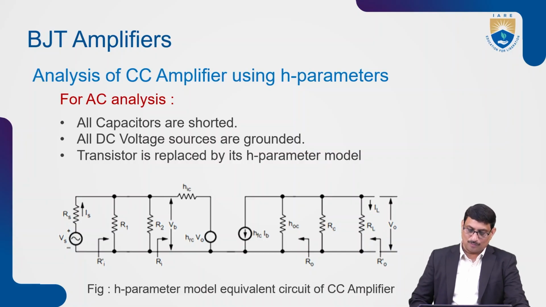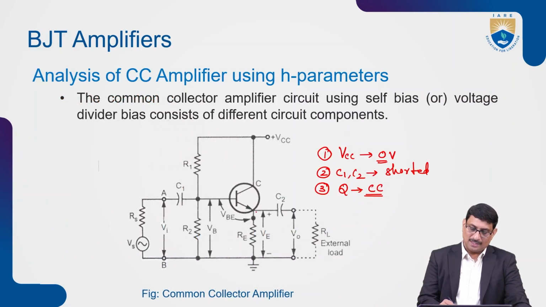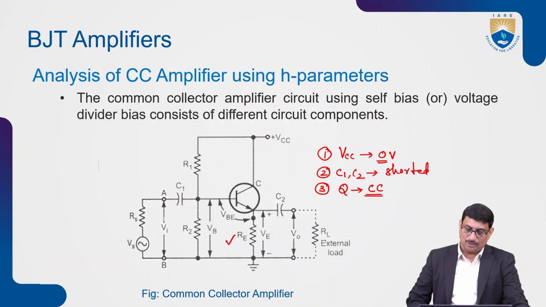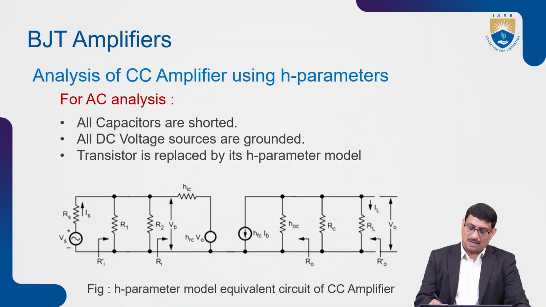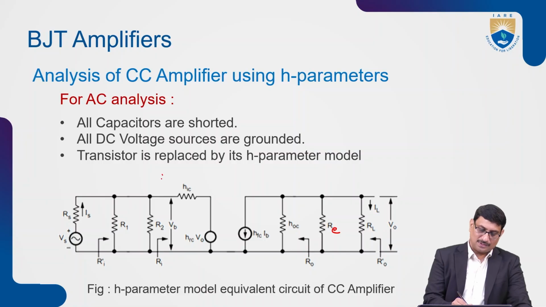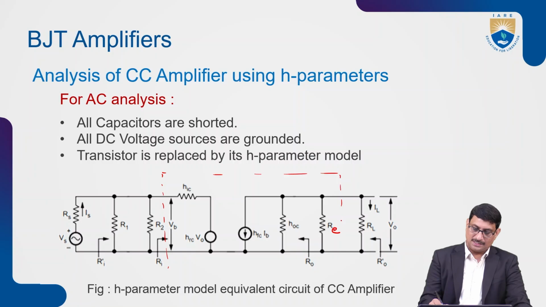At the output side, the emitter resistor comes into the picture because there is no bypass capacitor, then the capacitor is shorted, and then the load resistor. Therefore the load impedance becomes RE in parallel with RL. The transistor is replaced with its H parameter model, using HIC, HOC, HRC and HFC, and the input is applied.